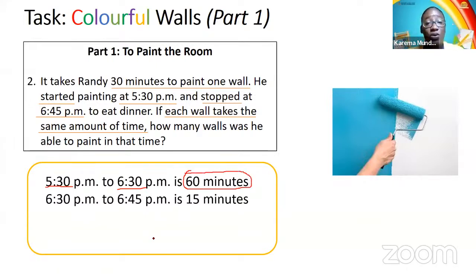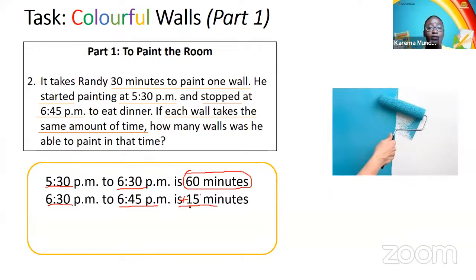It is not okay to think it and then all of a sudden, all you have on your paper is 60 minutes, or all you have on your paper is 75 minutes. It must be clear to the person what your thinking was. So I've written down 6:30 p.m. to 6:45 p.m., and I know that's 15 minutes. It is there. And then I do my addition. I say, okay, so Randy now has 75 minutes to paint the walls.